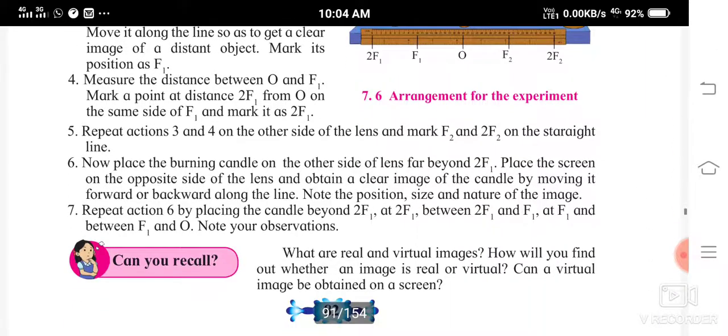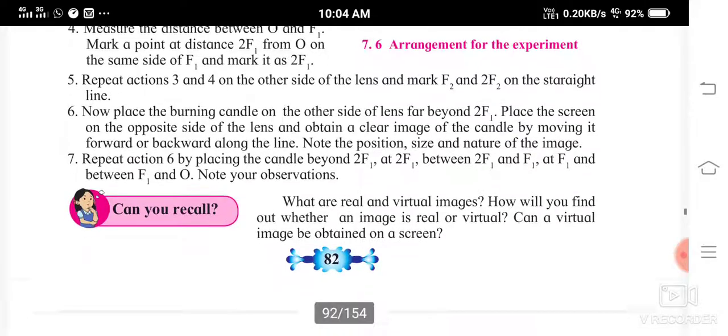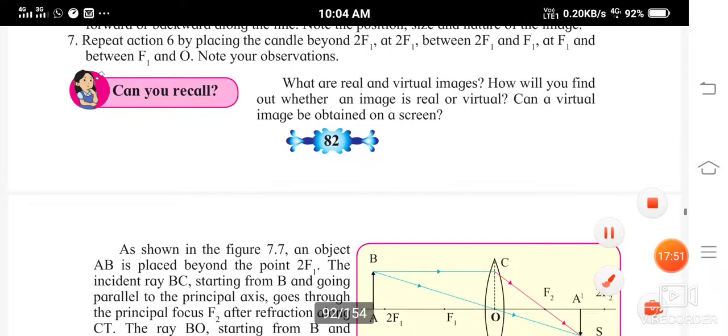Then you're going to record the position, size and nature of the image.